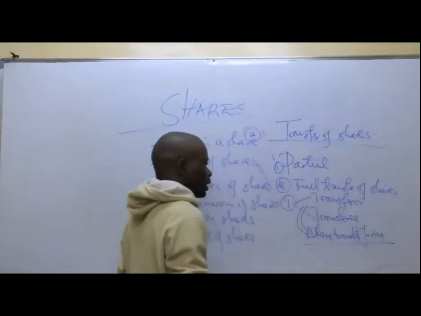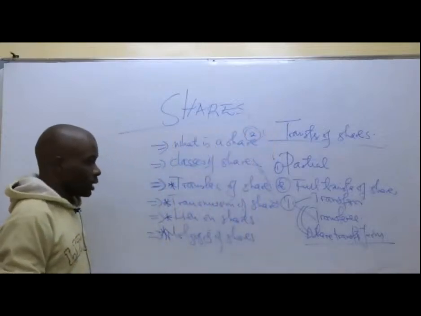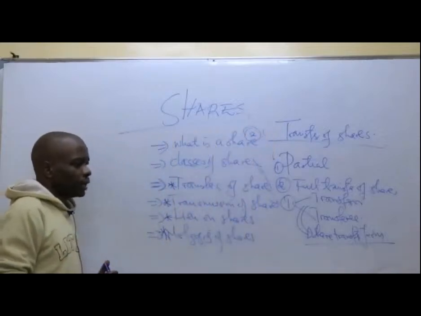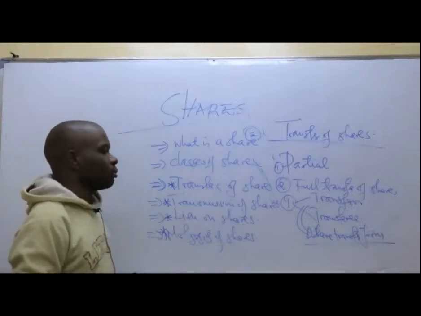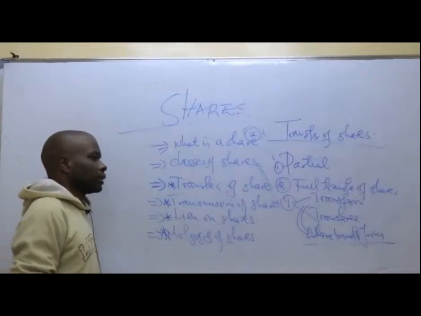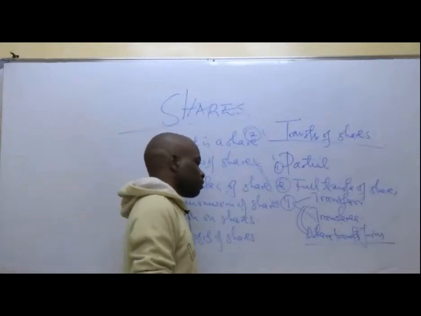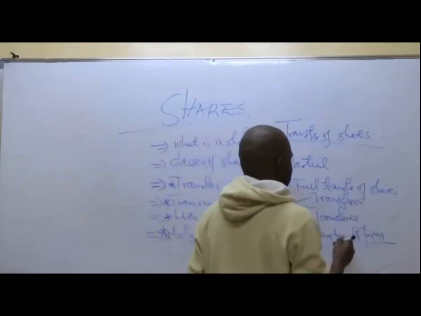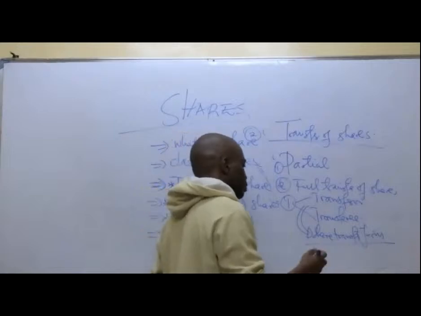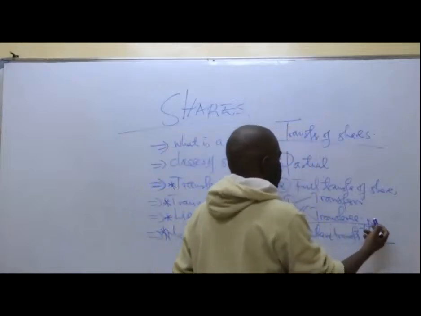This is simply the agreement for the transfer of shares between the transferor and the transferee. The transferor is the one transferring the shares from his or her name to the transferee, the one who now receives the shares.